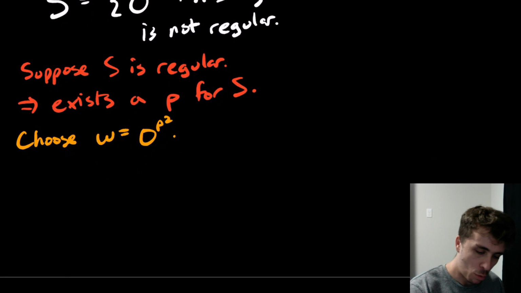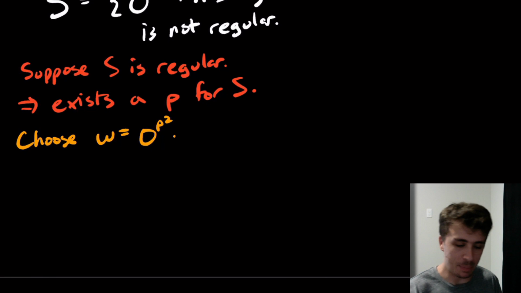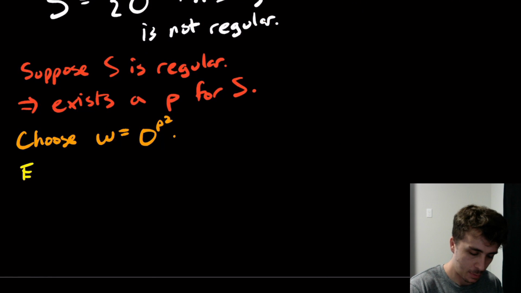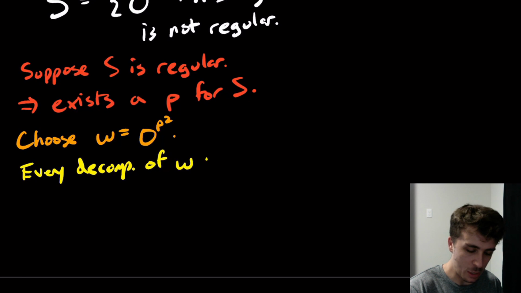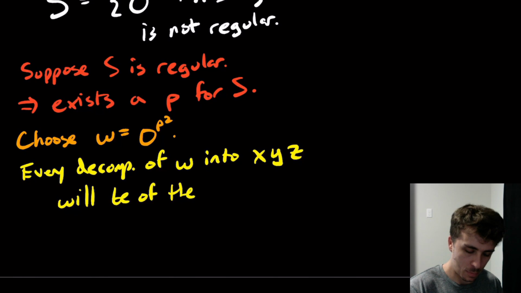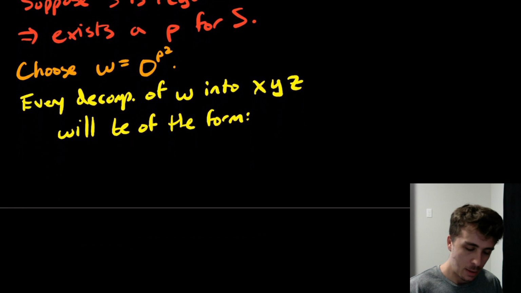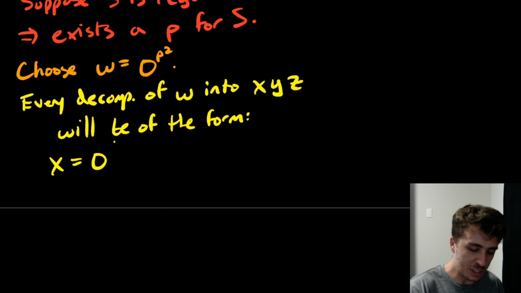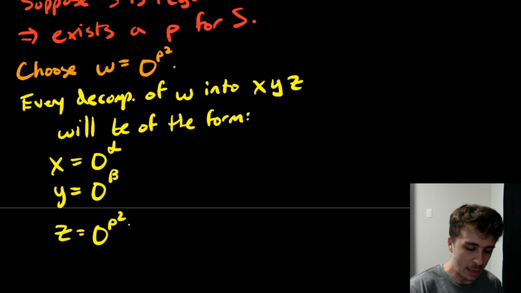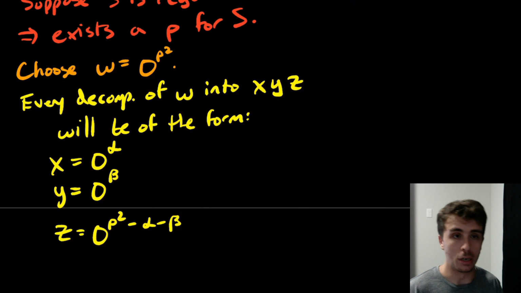Okay, well, we know that every decomposition of w into x, y, z will be of the form: x is going to be some number of zeros, y is going to be some number of zeros, and z is going to be p squared minus alpha minus beta zeros, because there are no ones in the string whatsoever.